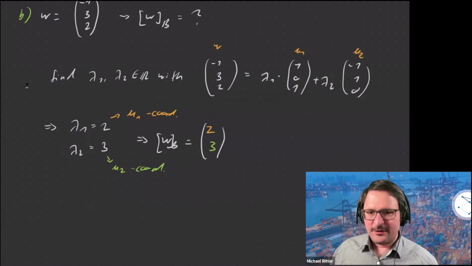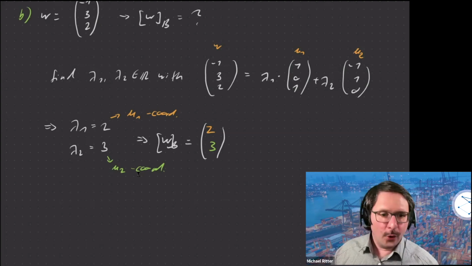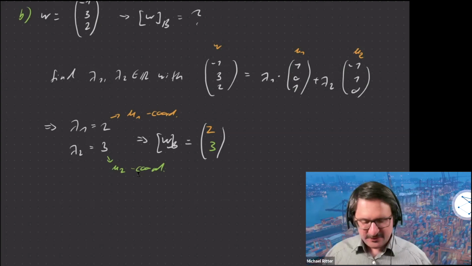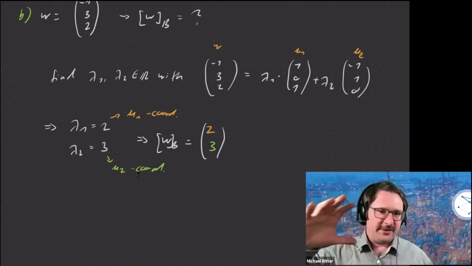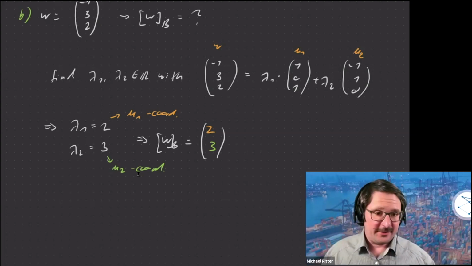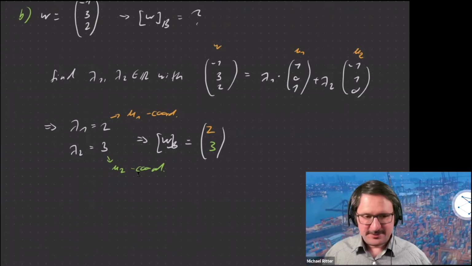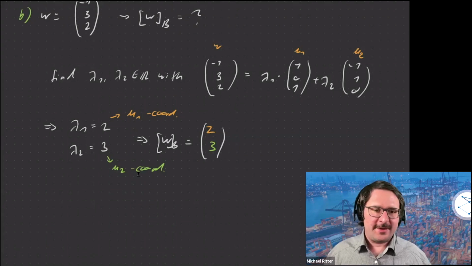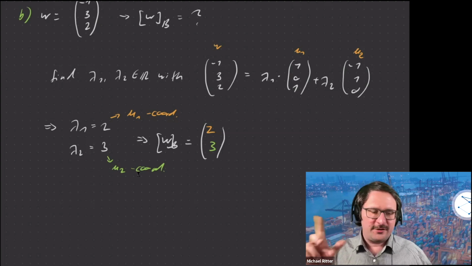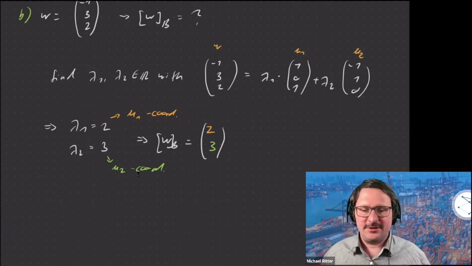Okay, so these 2, 3, those are the coordinates of that vector. And as you can see, by the way, the coordinates just consist of 2 entries, not of 3 entries, even though we are in the vector space R3, but that space V is just a 2-dimensional subspace. So of course, it's sufficient to have 2 coordinates to describe every point in that subspace uniquely.